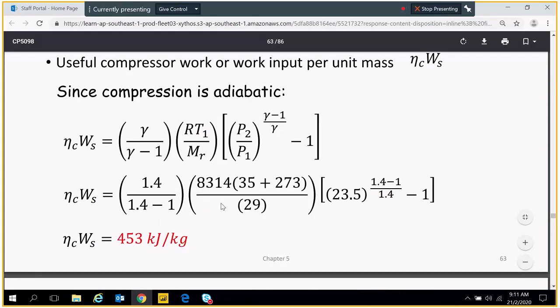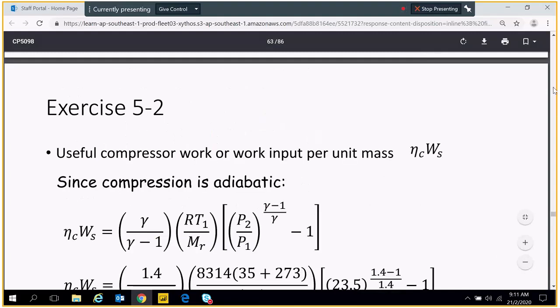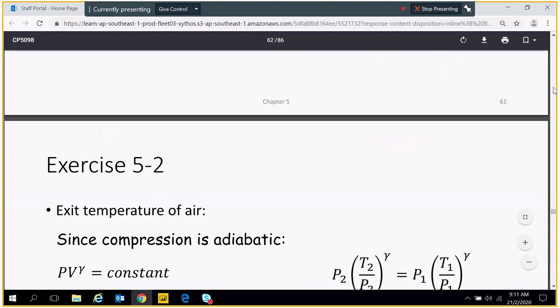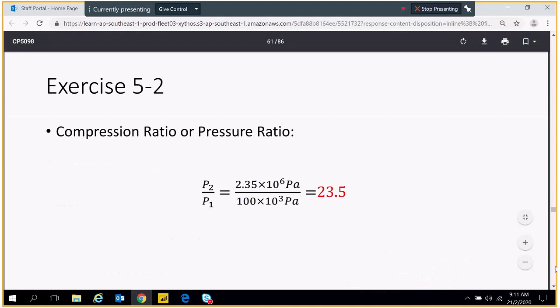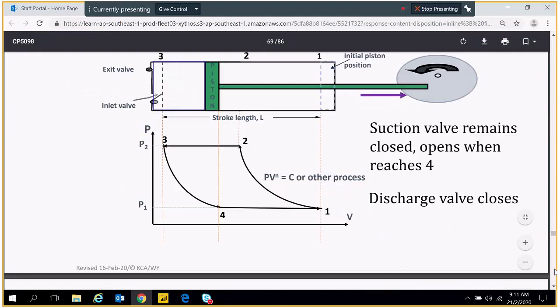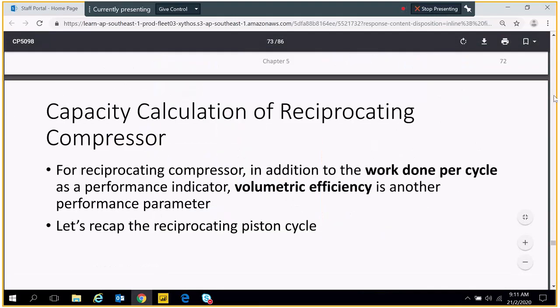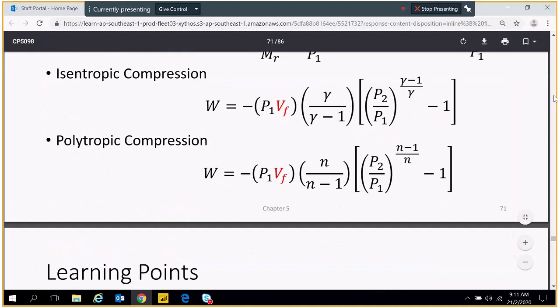You can check the numbers over here. There's a work input per unit mass, so many kilojoules per kilogram. Again, the formula will be given. Don't try to memorize this formula.